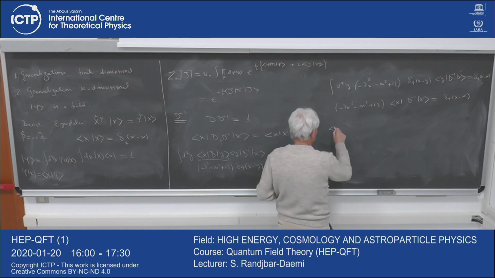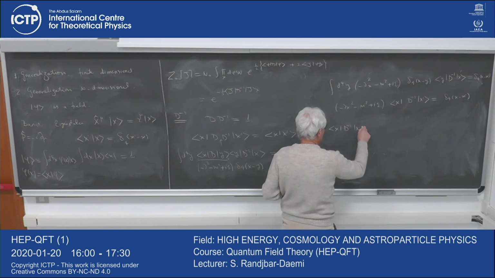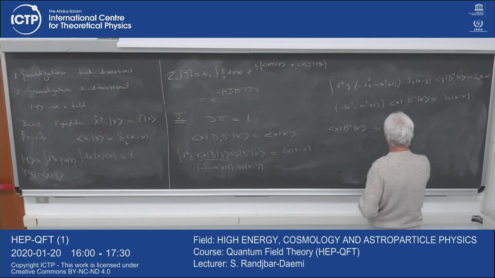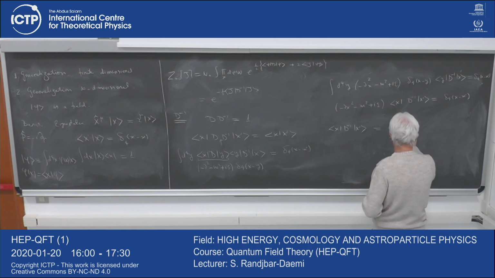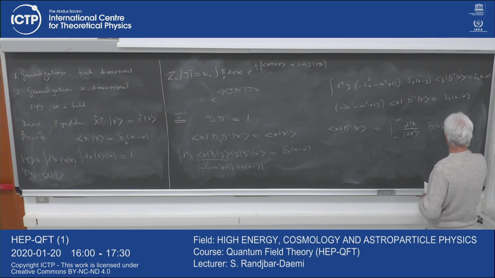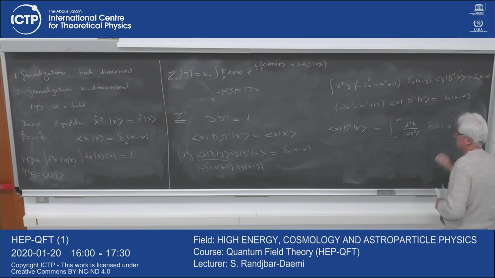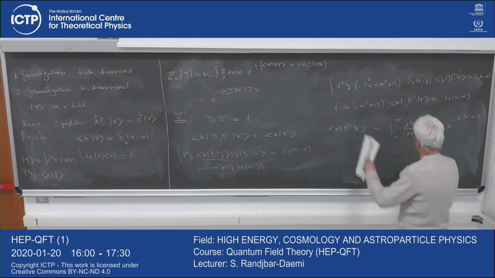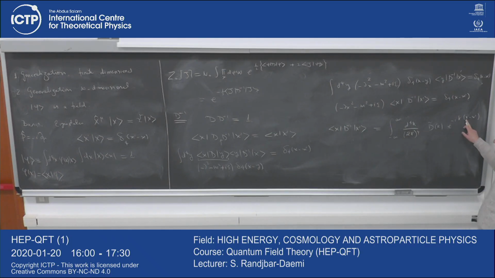So, we write x d inverse x prime as the integral d for k over 2 pi to the power 4, d to the k exponential of minus i k dot x minus x prime, and plug it back here. dx squared acting here will bring minus k squared.